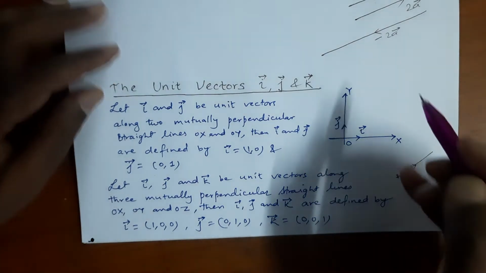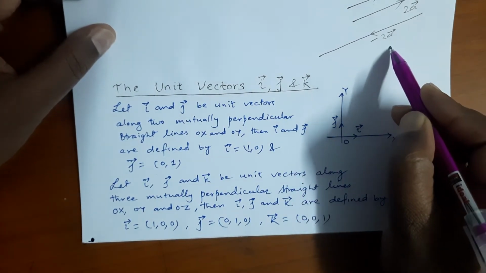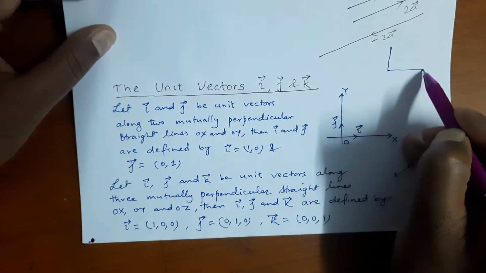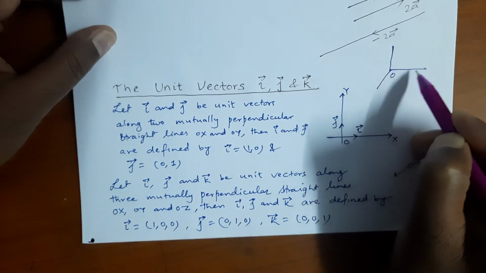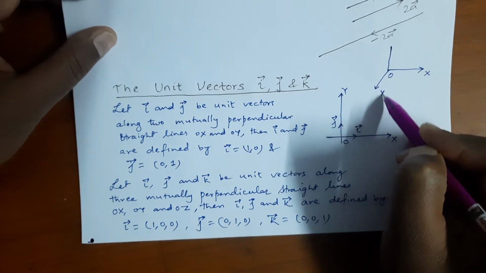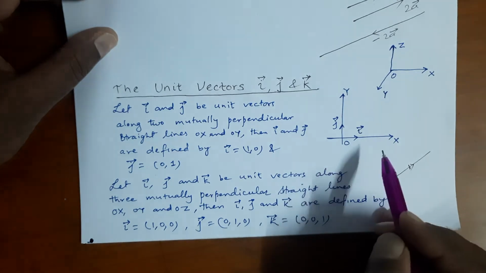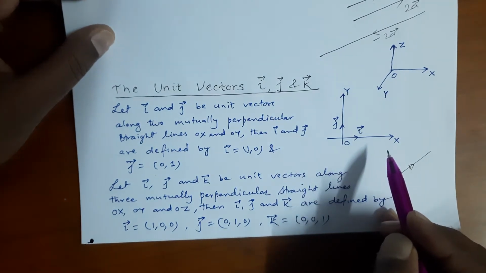And if you draw a coordinate axis, it looks like this: O, x, y, z. These are mutually perpendicular axes.